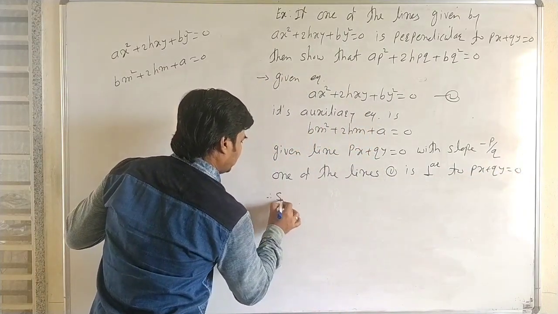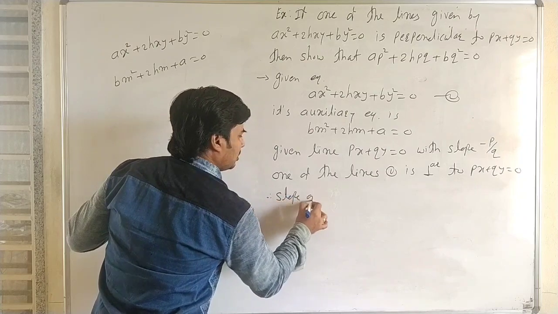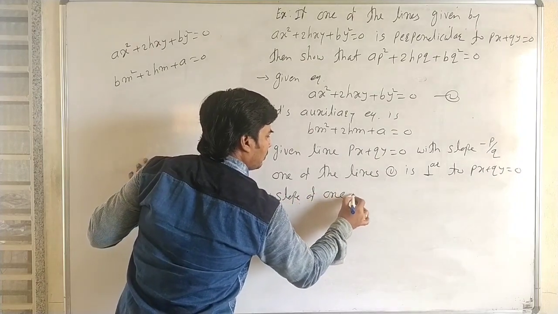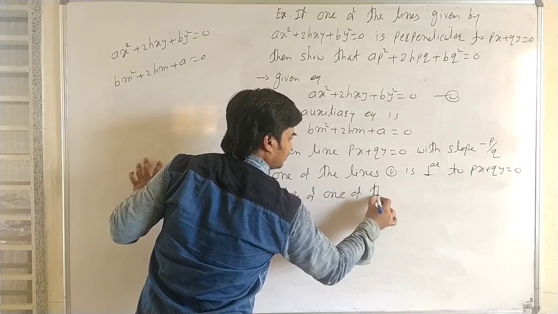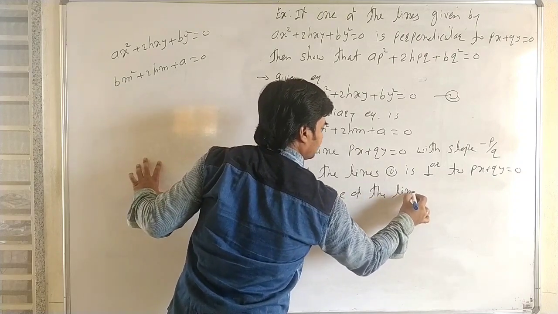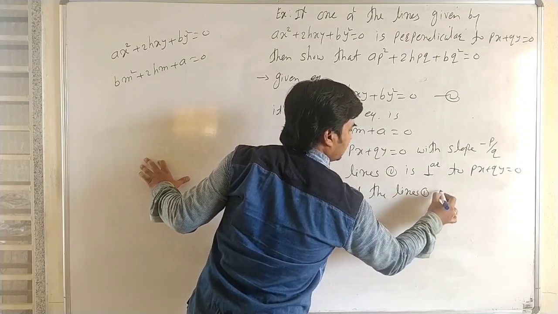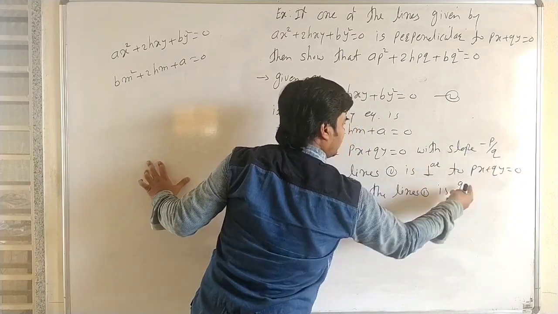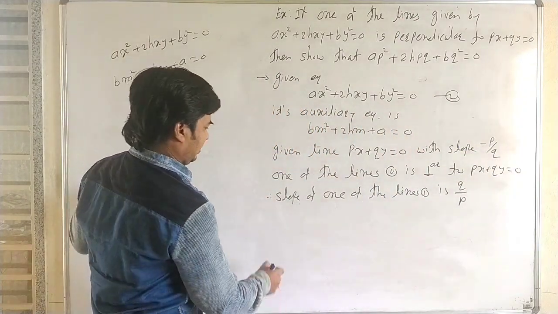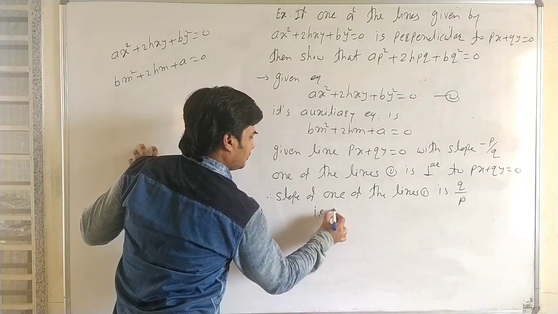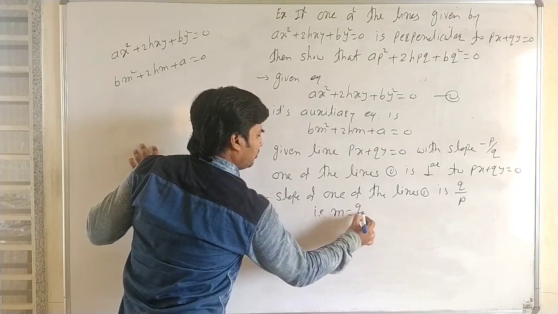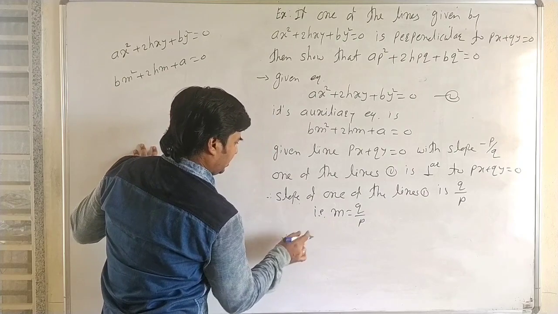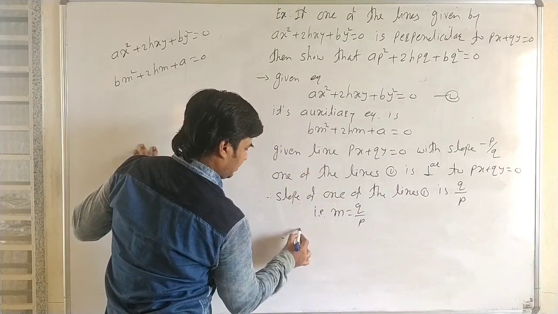Therefore, the slope of one of the lines is q by p. It is minus p by q, therefore it is the reciprocal with sign change. That is, m is equal to q by p, and therefore this slope satisfies the auxiliary equation.